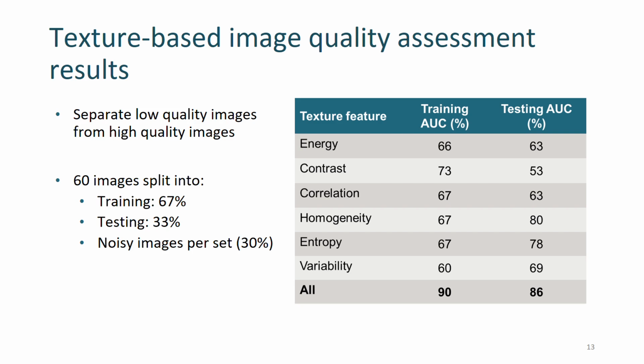We observed that individual features did not obtain values above 80 in neither the training and testing. However, when we use them all in a single model, the AUCs went up to 90 in training and up to 86 in testing. So we opted for using the model taking all textures into consideration.